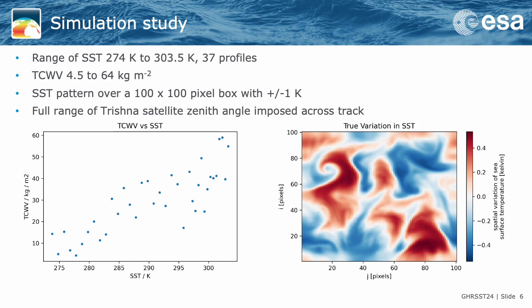So it's a variability of a range of a Kelvin. I've also imposed the full range of Trishna satellite zenith angles variation across the pixels across the track, which is artificial in terms of the change of zenith angle per pixel, but just to capture that full range of retrieval zenith angle.